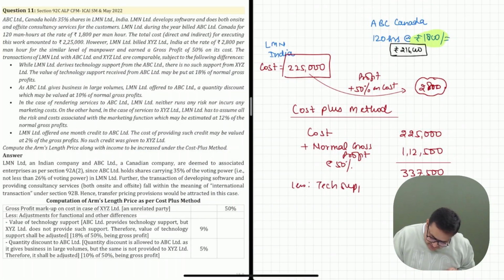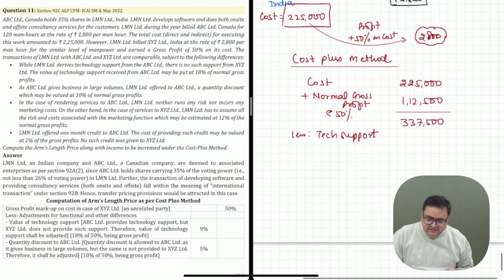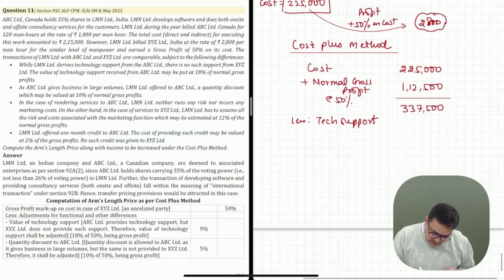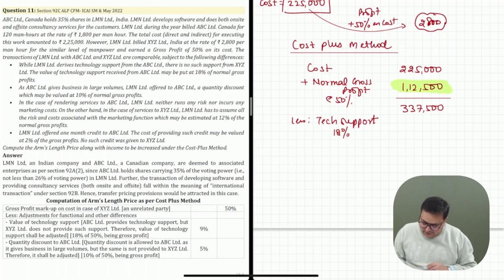And how much will you subtract, guys? You will subtract 18%, right? 18% of this amount of your gross profit. This is important. So it would be 18% of 1,12,500, which is 20,250. So 20,250 you will charge less. Understood the first functional difference?